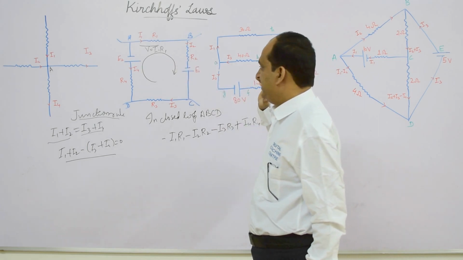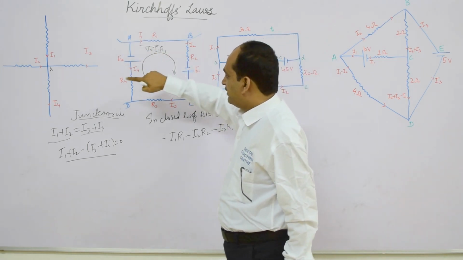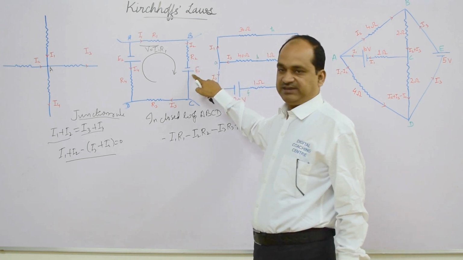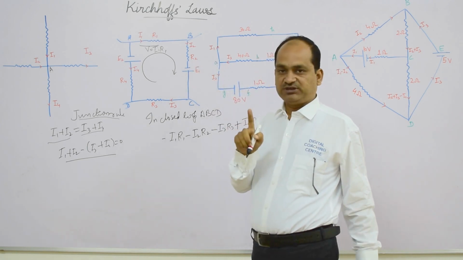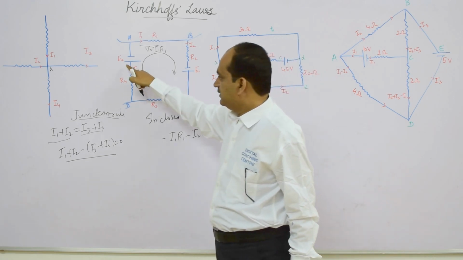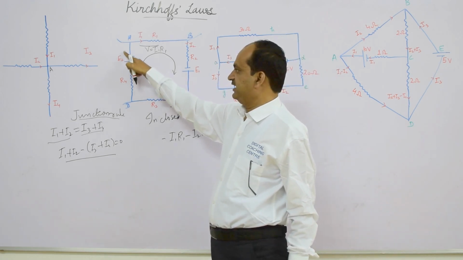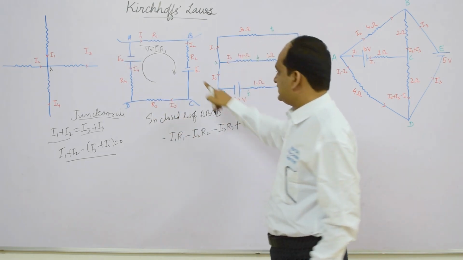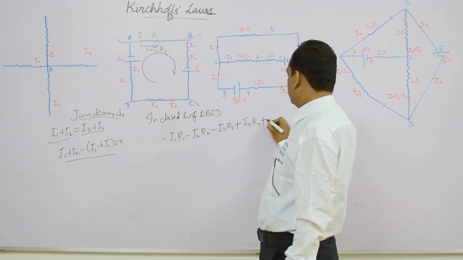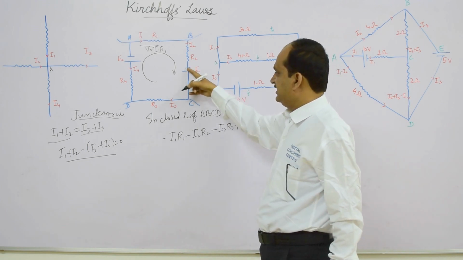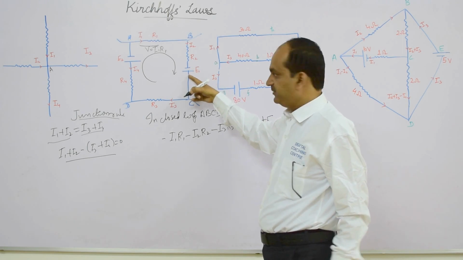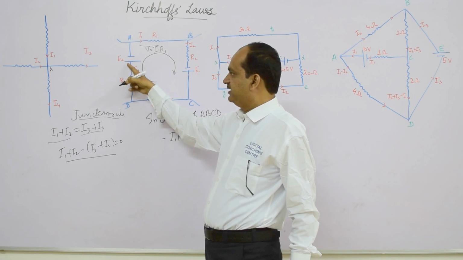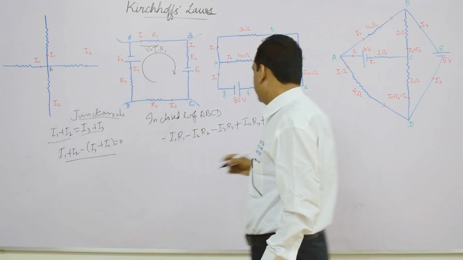Now we have the EMFs. While traversing the loop, if we first get the negative terminal and then the positive, the EMF will be positive. And if we first find the positive terminal and then the negative terminal, the EMF will be negative. So according to this, E1 will be positive because first we get its negative terminal and then the positive terminal, and E2 will be negative because first we get the positive terminal and then the negative terminal.